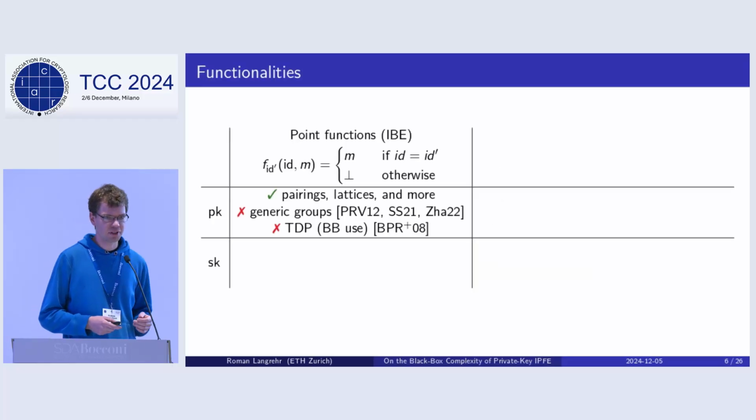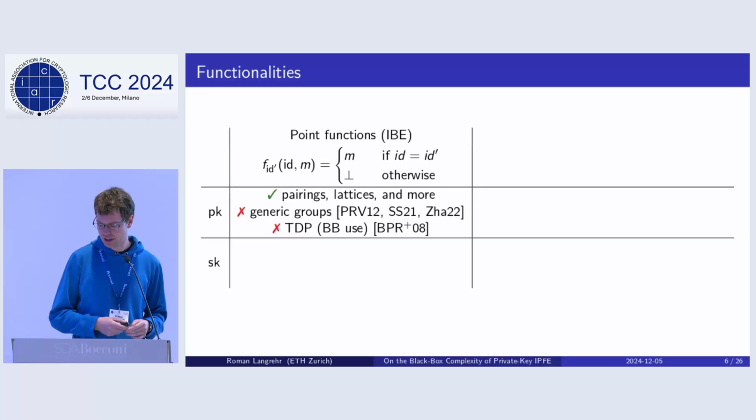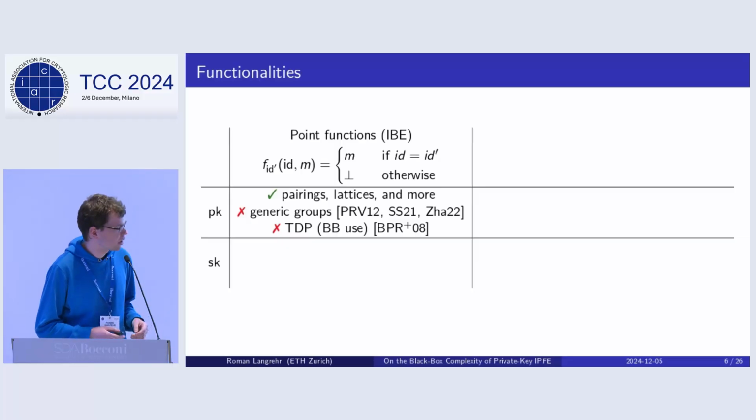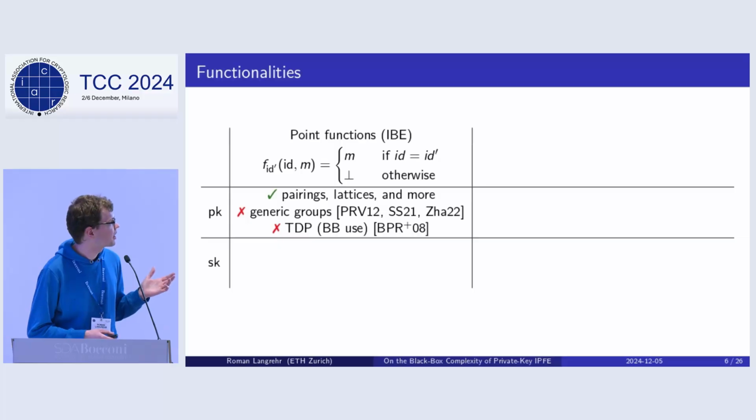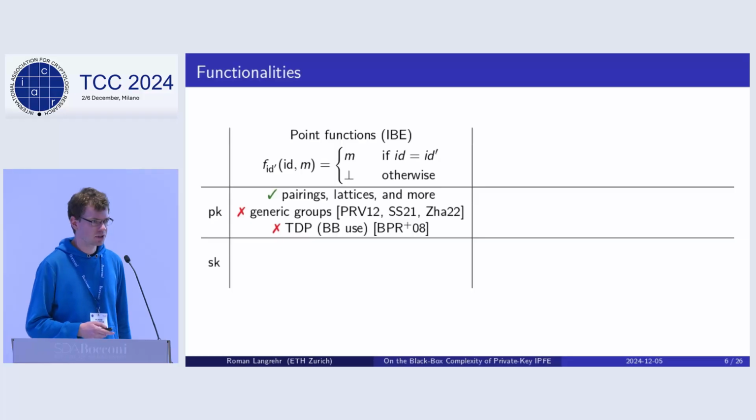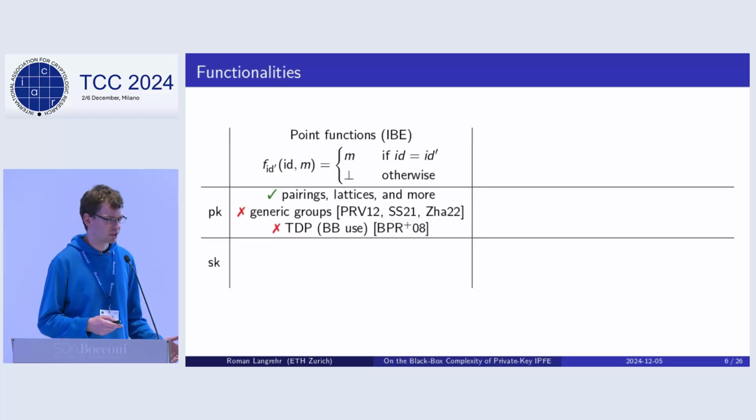Before we dive into inner product functional encryption, I want to talk about FE for point functions, which is usually studied under the name of identity-based encryption. In identity-based encryption in the public key setting, we have many constructions, for example, from pairings, lattices, and many more. We also have some black box separations.